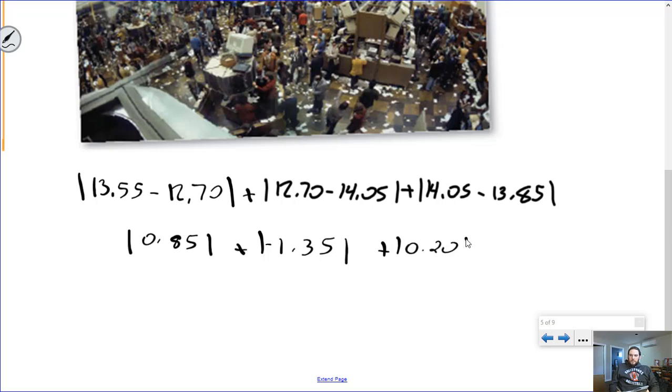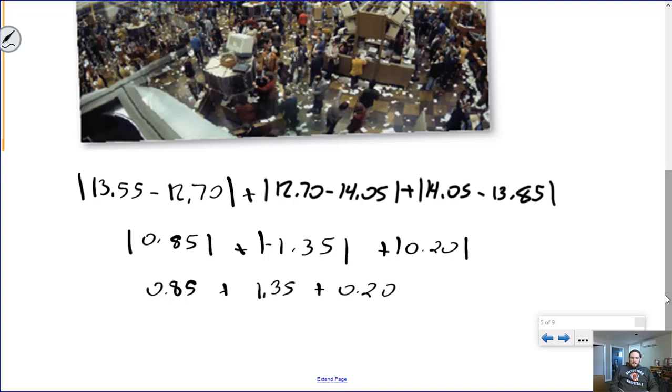Okay, and then because we're looking at magnitude, what we're going to do is take these three numbers and find their absolute value. So the absolute value of 0.85 is 0.85. The absolute value of negative 1.35 is 1.35. And the absolute value of 0.20 is 0.20.